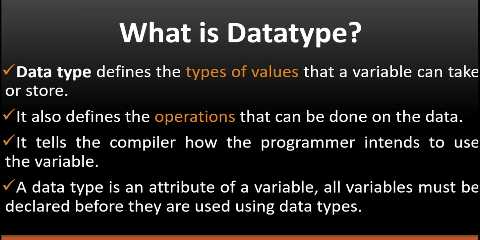Data type tells the compiler the intent of the programmer to use the variable. Data type also defines the attribute of a variable. All variables must be declared before they are used, using a data type. Since Java is a strictly typed programming language, before using any variable, it must be declared.